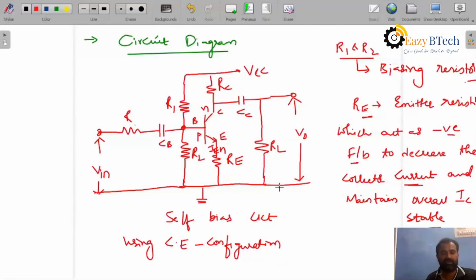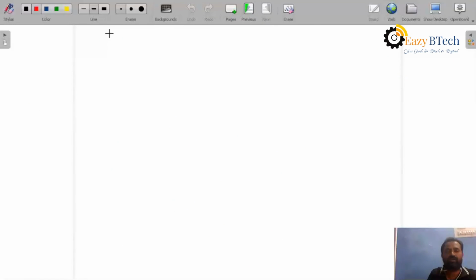Is it clear? Now from this circuit, remember we already did in the previous session that reactance Xc is equal to 1 by j2πfC. For DC analysis, frequency is 0.